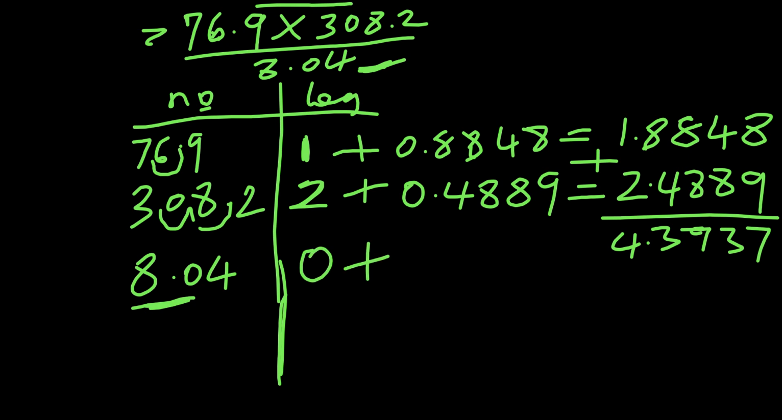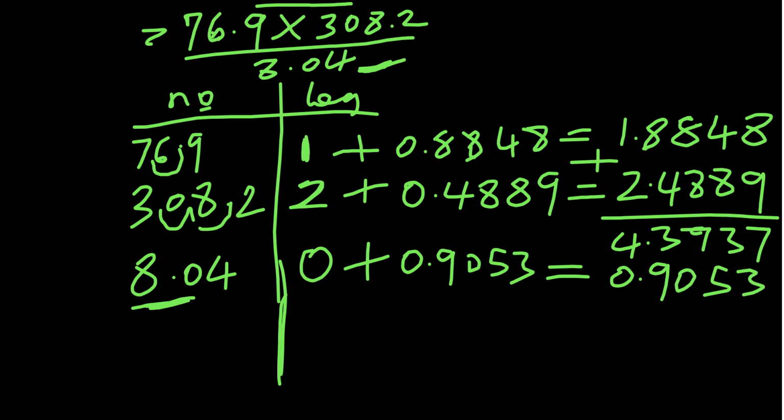You look for log 80 under 4. The mantissa value is 0.9053. If you combine these two, it will still give you 0.9053. Because they are dividing each other, you have to subtract the indices.